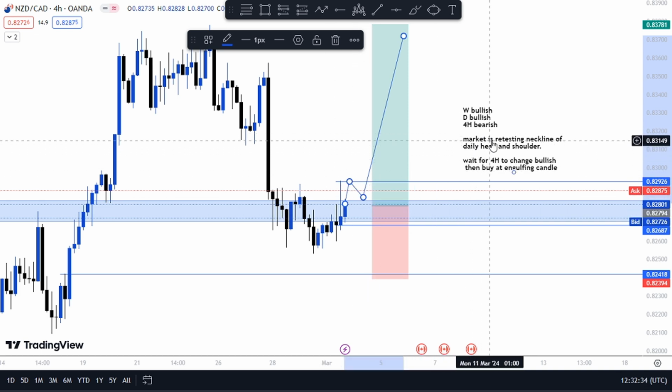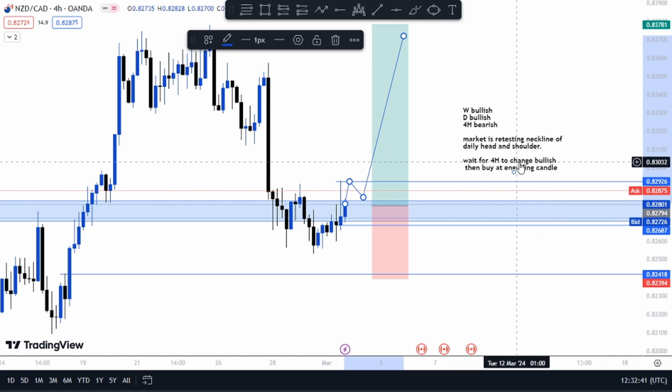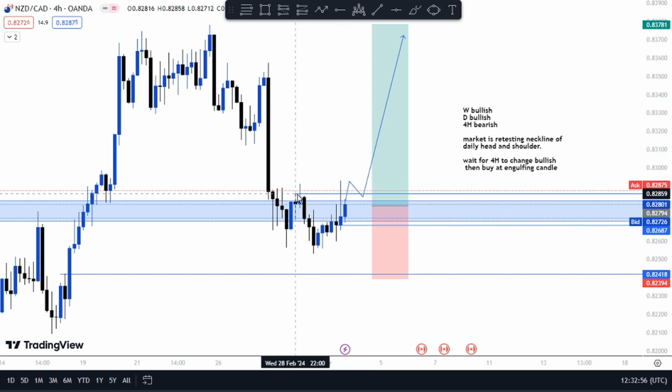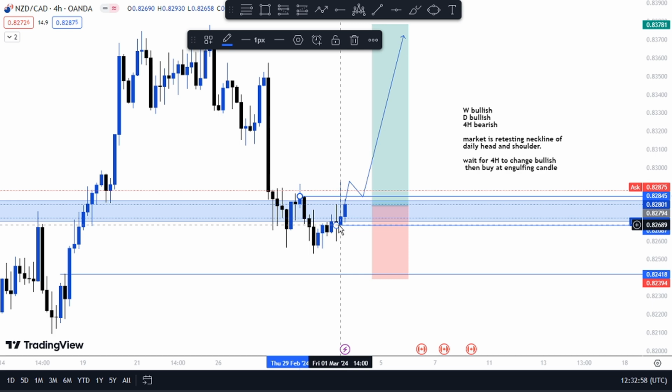Market is retesting the neckline of the daily head and shoulders, then wait for the 4 hour to change bullish, then buy on an engulfing candle. So when this one closes bullish, the daily candle will also close bullish or engulf the previous one. As a candle closes, breaking this structure, then I'll be looking for a buy position.